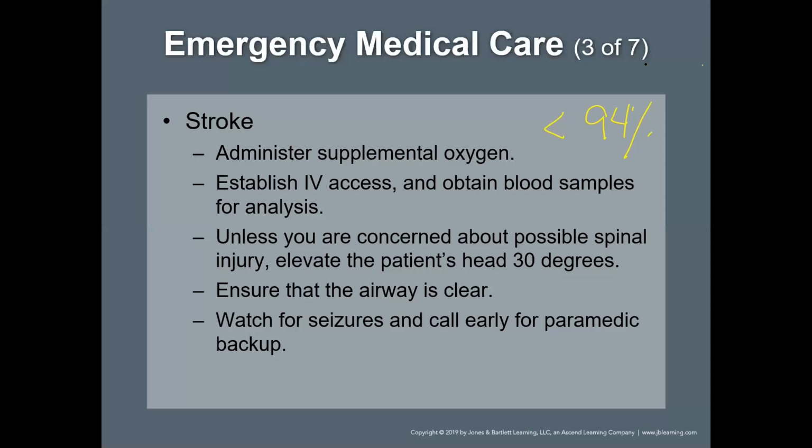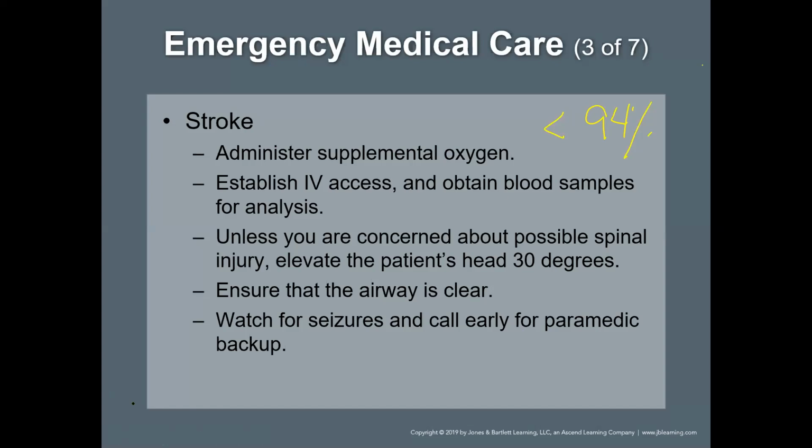Okay, I'm not sure where I left off, but oxygen if their SpO2 is lower than 94. IV access, get your blood glucose. Unless you're concerned about possible spinal injury, elevate the head 30 degrees, and that's just to protect their airway from their swallowing and stuff to help them clear that airway. Watch for seizures.